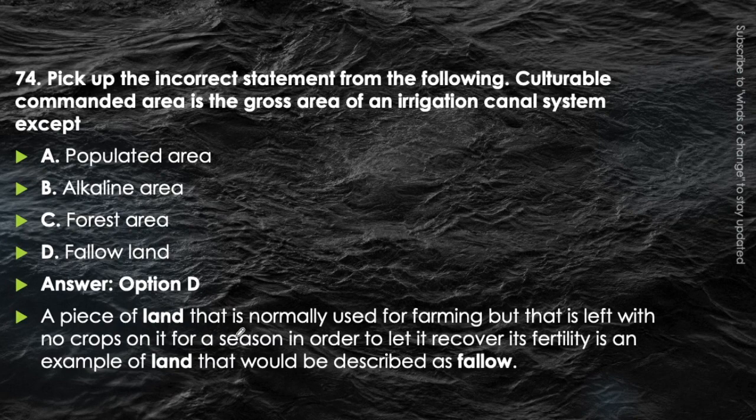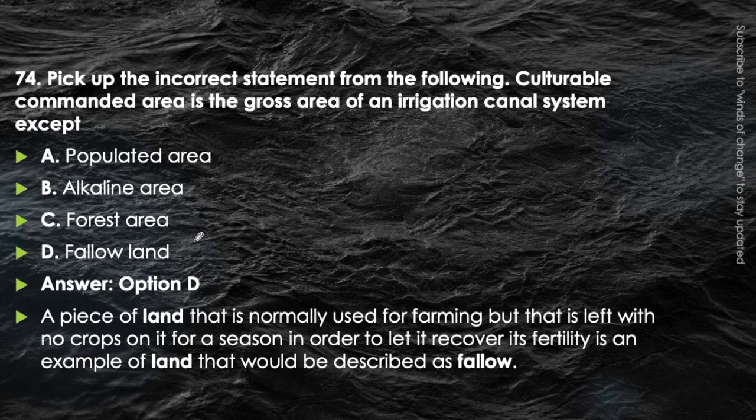A piece of land that is normally used for farming but that is left with no crops on it for a season in order to let it regain its fertility is an example of land that would be described as fallow. In this we keep the land free, we do not do farming on it, and we leave it so that its fertility can be improved. So the culturable command area is the gross command area of an irrigation canal system except populated area, alkaline area and forest area. Fallow land is included in the culturable command area.